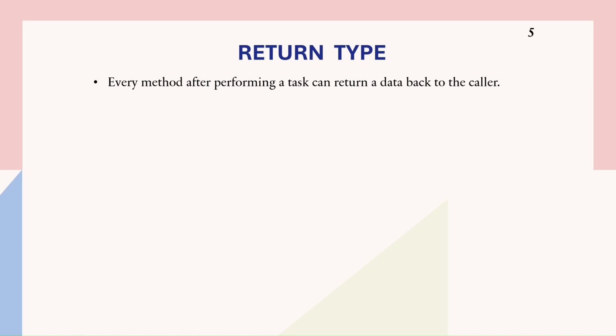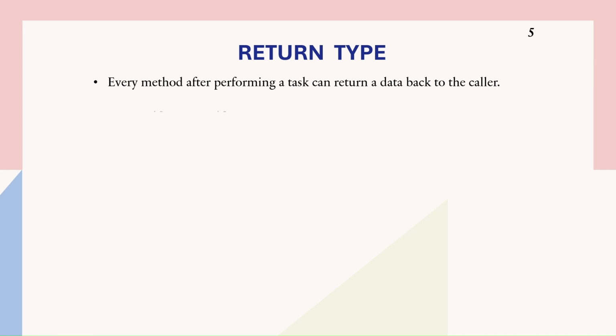So the next one is a return type. Every method after performing a task can return data back to the caller. Whatever method you're writing in your program, if the method is integer type, string type, double type, that method should return that type of data.